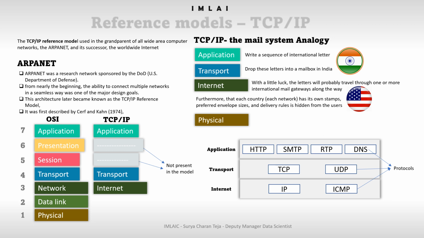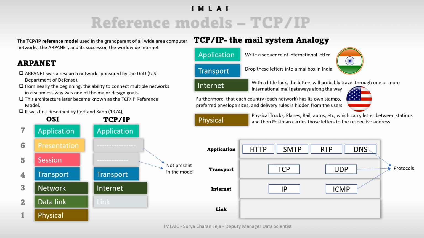All these requirements led to the choice of a packet-switching network based on a connectionless layer that runs across different networks. The lowest layer in the model is the link layer. The link layer describes what a link such as a serial line or classic Ethernet must do to meet the needs of this connectionless internet layer.